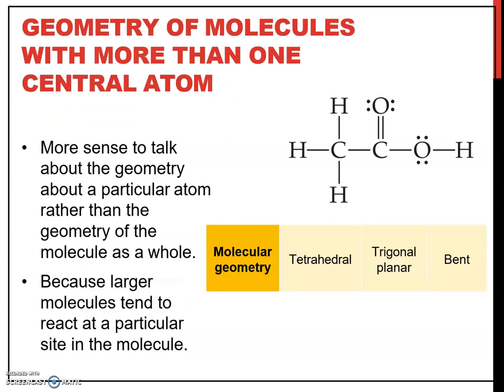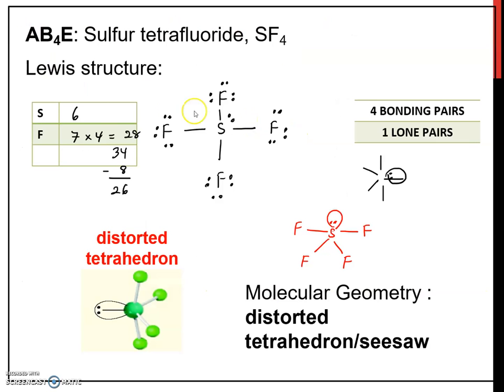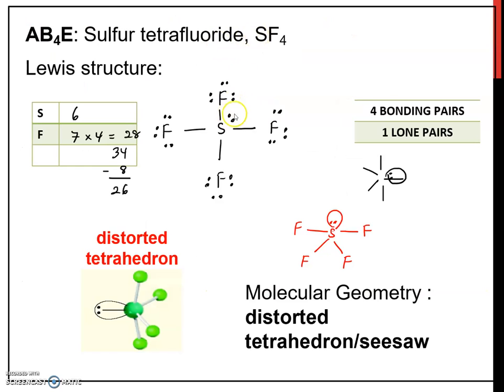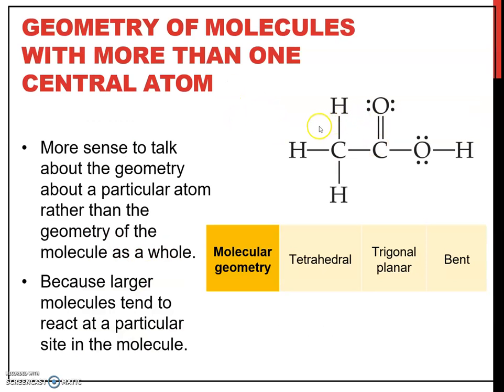So next, geometry of molecules with more than 1 central atom. We look one by one. Before this we looked at examples of a single molecule with 1 central atom. If a molecule has several central atoms, we have to look one by one.